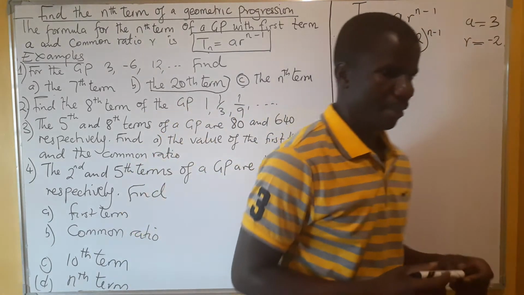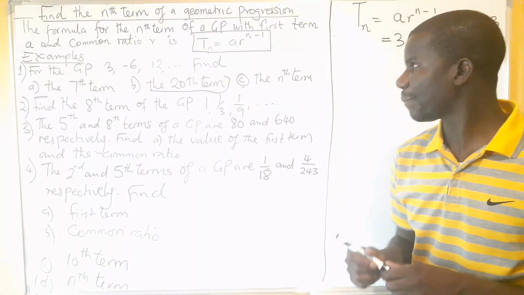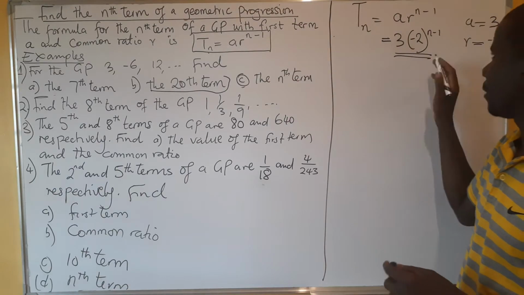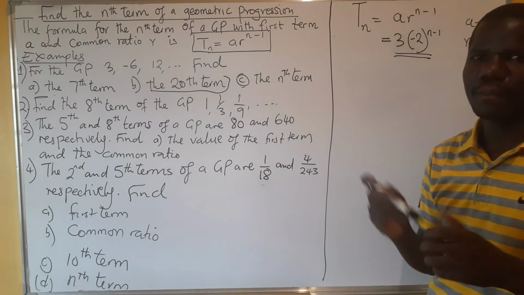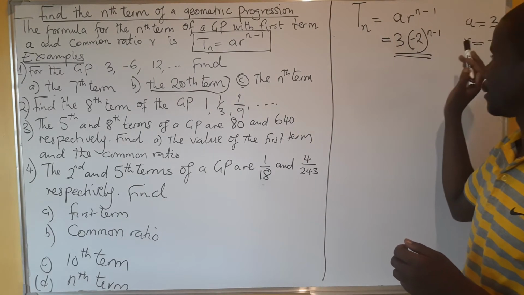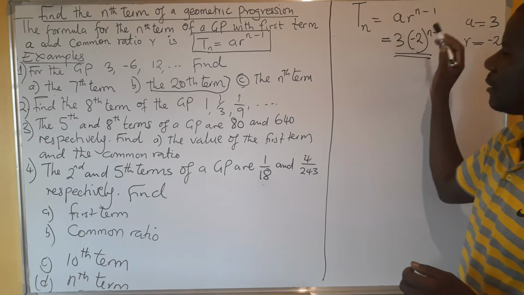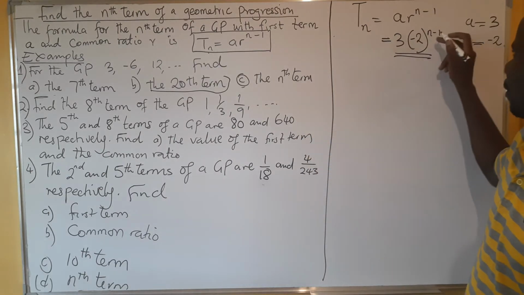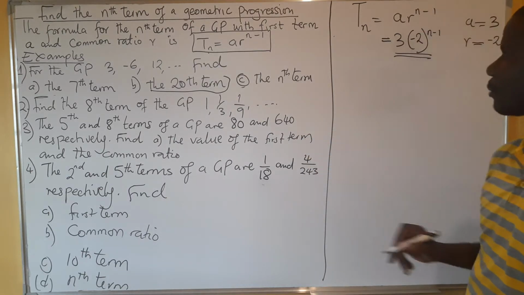Possibly there could be other people that may take this simplification further, but for me, this is where I can end. All right? This is the formula for the nth term. So if you want to find the 7th term, you just bring your 7 here, and it will take us back to what we got.